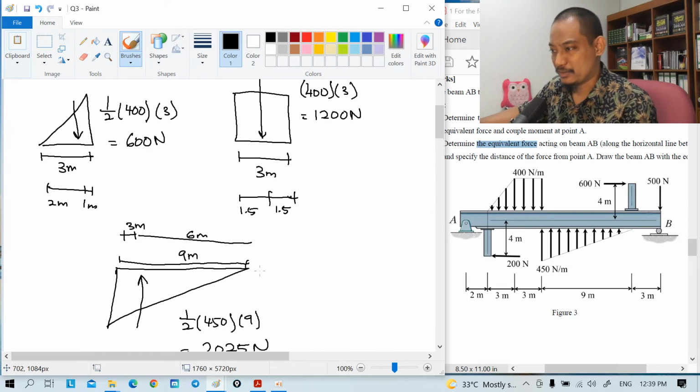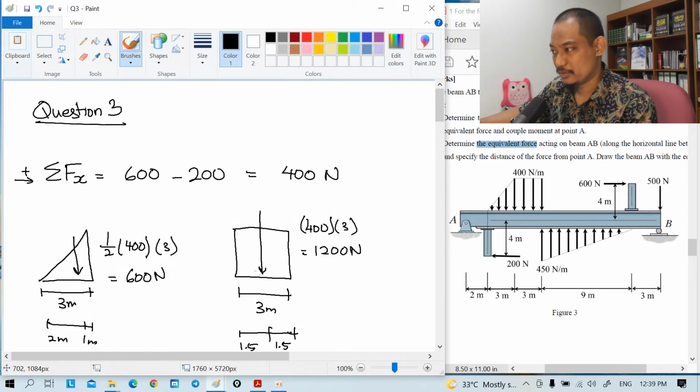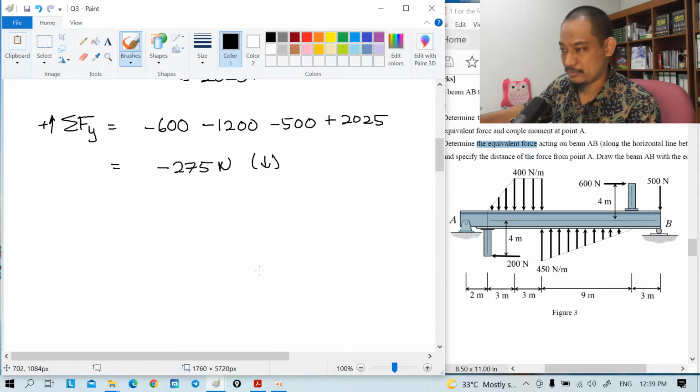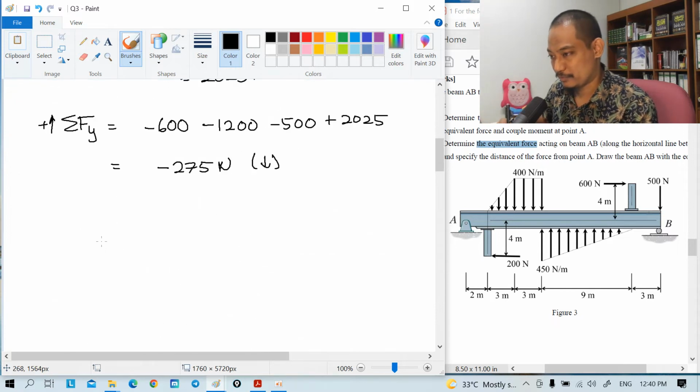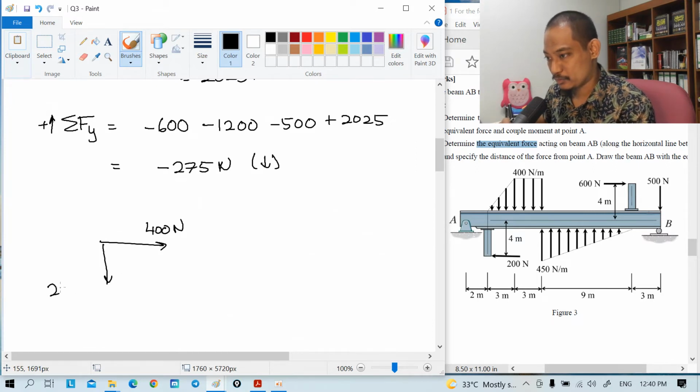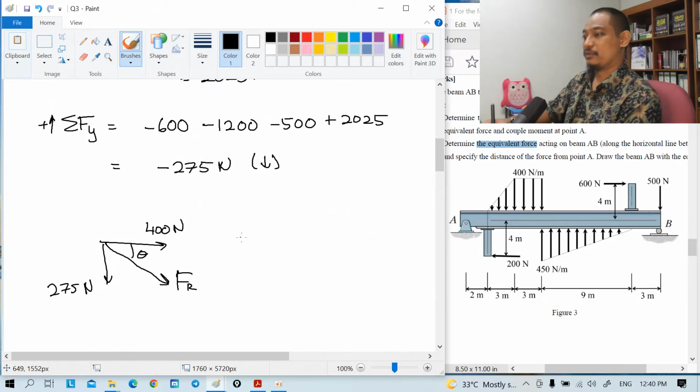So what does this mean? We have 400 Newton to the right and 275 Newton downwards, meaning this will be FR, and we have a theta there, right?